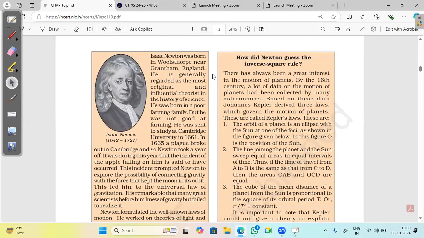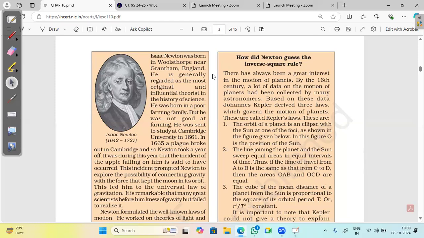So we had seen that it is the gravitational force of the sun which makes the earth revolve around it. Also, it is the gravitational force of the earth which makes the moon revolve around it. So everywhere it is the gravitational force which is attracting all the bodies.